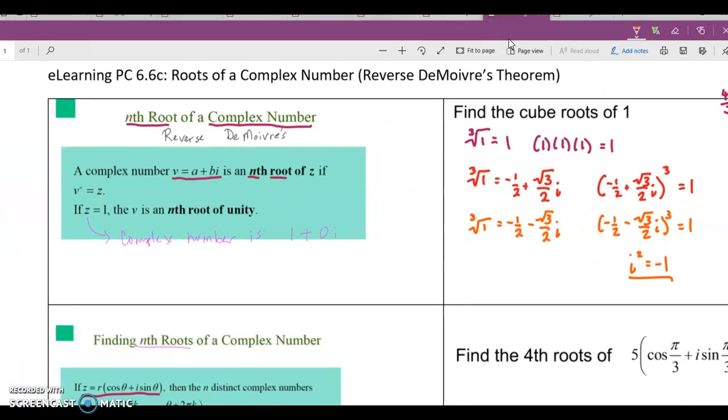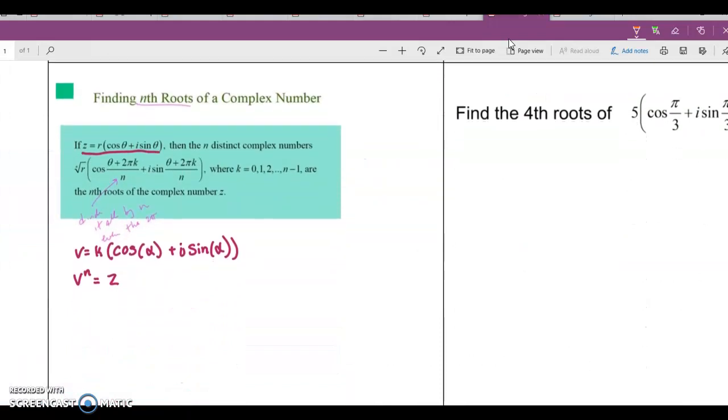How in the world did I get that? Basically, we have this big box that gives us a formula. To get to that formula, I'm going to break down reversing de Moivre's theorem for you.